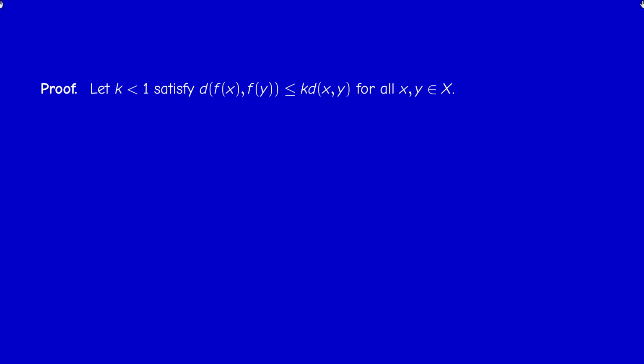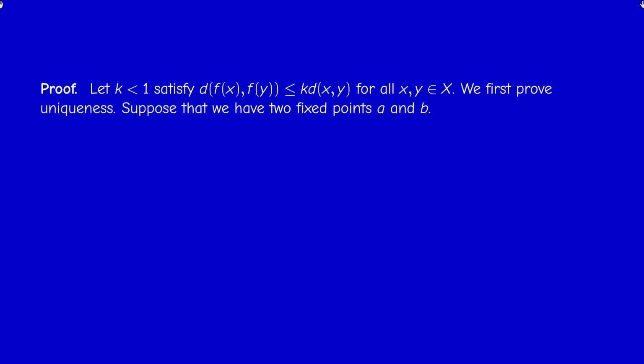Let us prove first the uniqueness part. F is a contraction, so by definition, there is a constant k less than 1 such that the distance between f(x) and f(y) is less or equal than k times the distance between x and y for every x, y in the space. Suppose that f has two fixed points, a and b. Then if I apply this fundamental inequality, replacing x by a and y by b, I get that the distance between f(a) and f(b) is less or equal than k d(a,b).